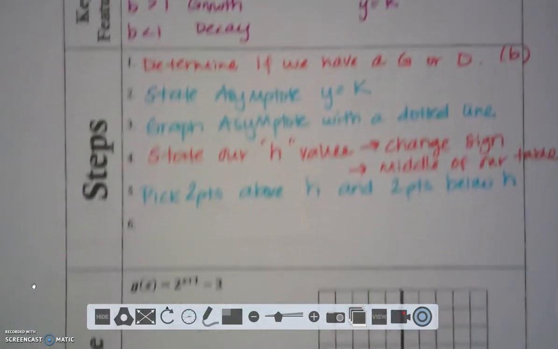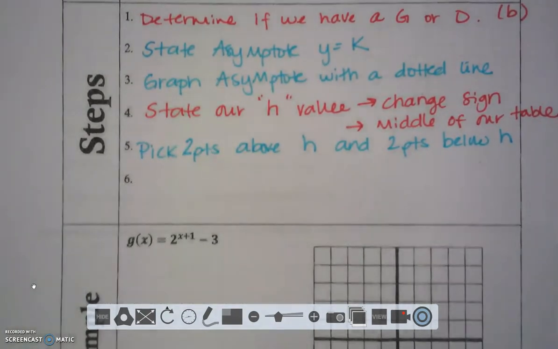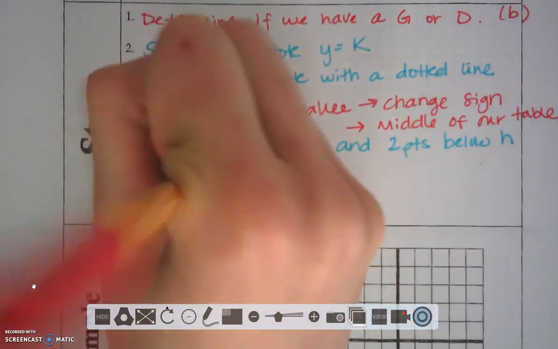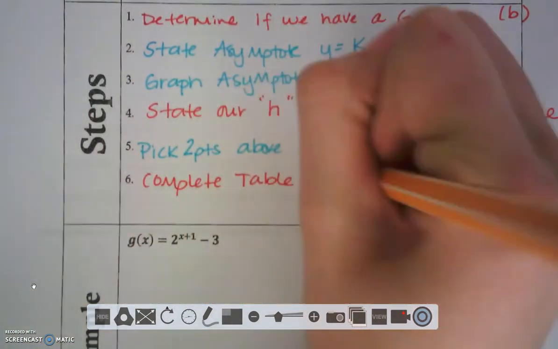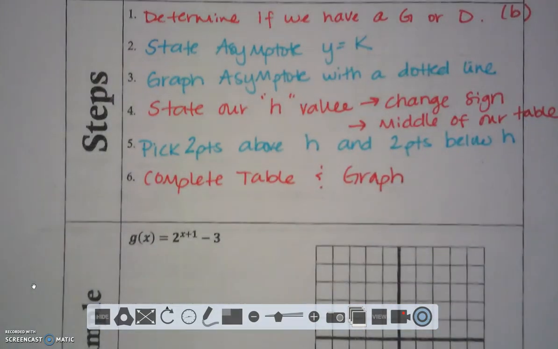Scroll that up for you. Okay. Once we have our table filled in, we're going to complete our table and graph.